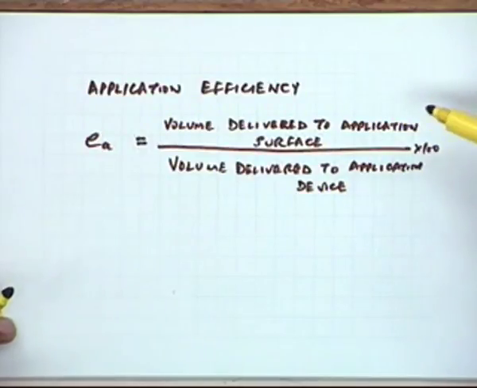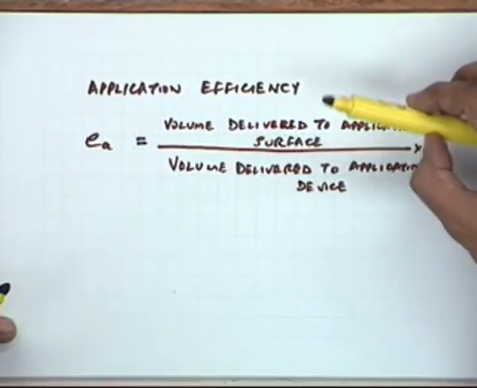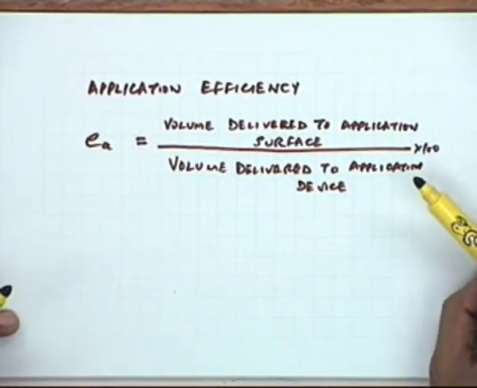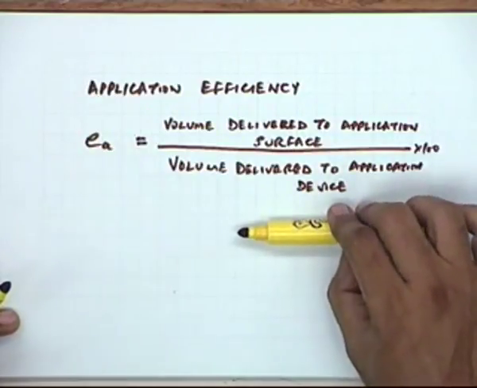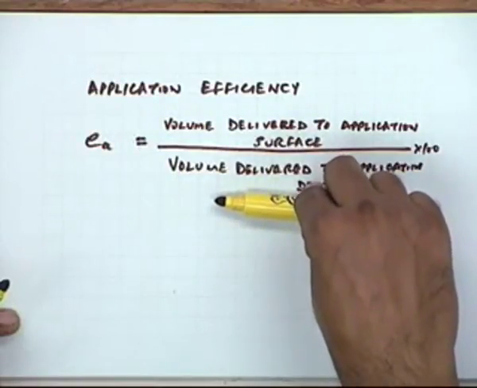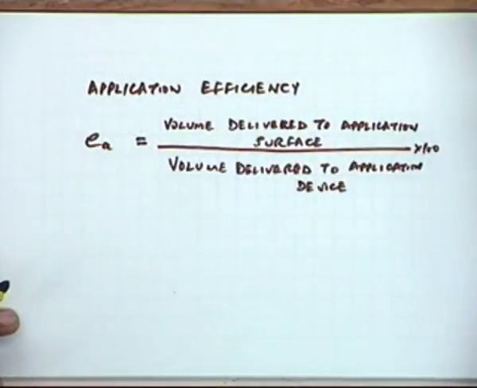It may happen that you have brought the water to the level of the application device, whatever device you are using. Now between that device and that device is going to deliver the water onto the surface of the field. Now between this process there can be some losses, and the losses can vary from method to method.